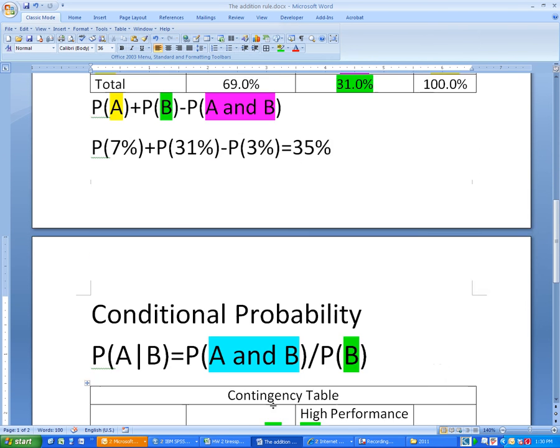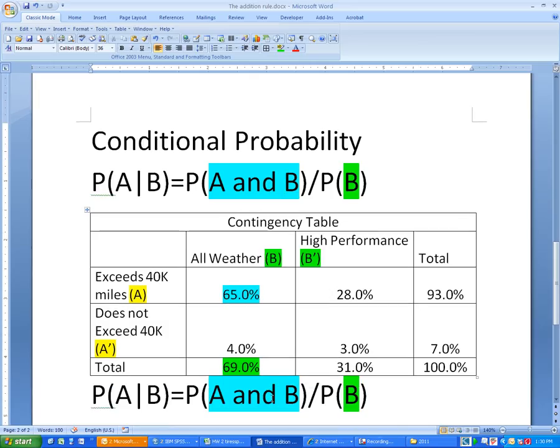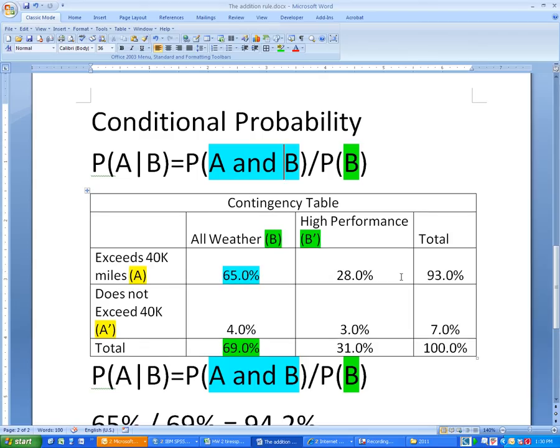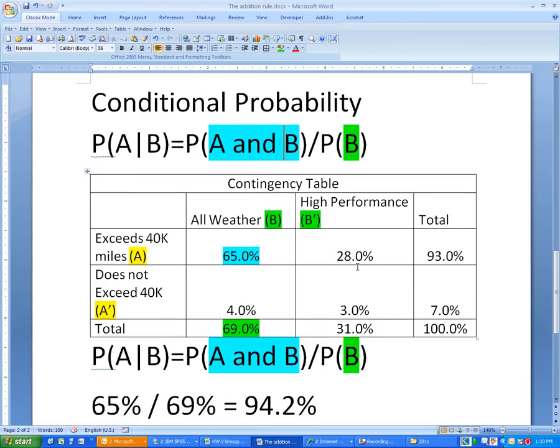So a conditional probability is what is the probability of A given B, and that's what this vertical line means, equals the probability of A and B divided by your given, which is B. And again, I have these color-coded. So the probability of A and B is simply all weather and exceeds 40,000.